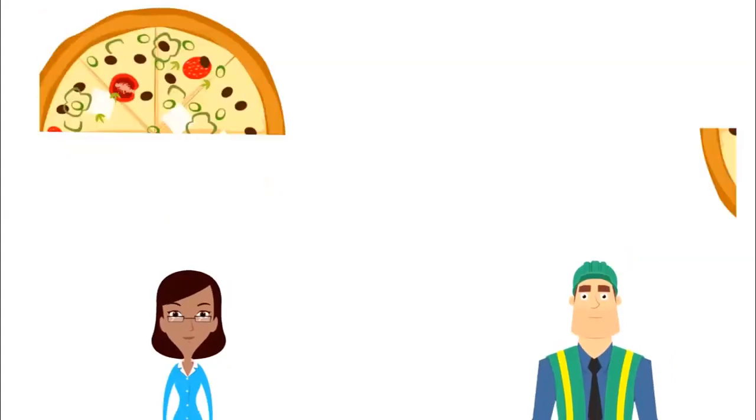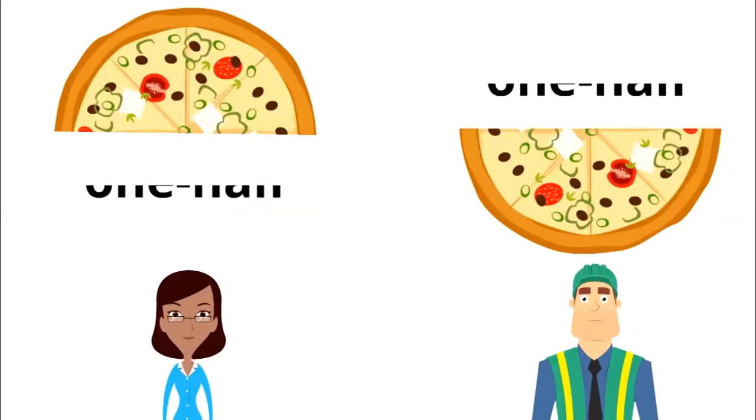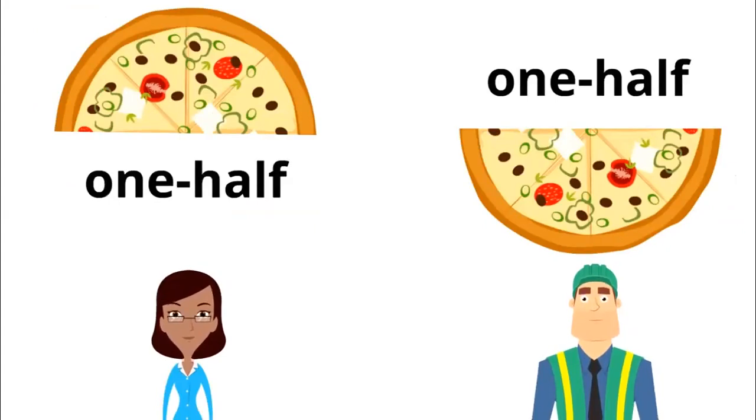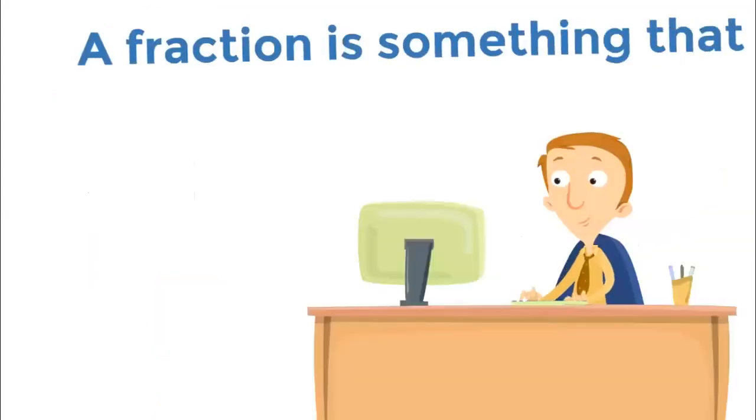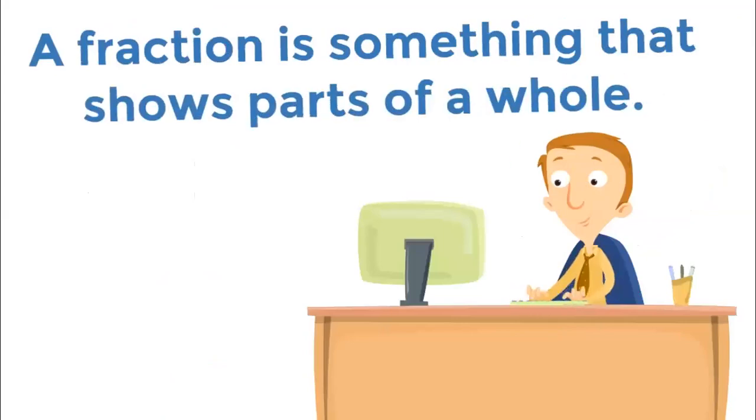So they split the pizza in half. Each of them get 1/2 of the pizza. Isn't that neat? Then everyone has pizza. Each of them have 1/2 of the pizza. They split it right down the middle. Now remember, a fraction is something that shows parts of a whole.